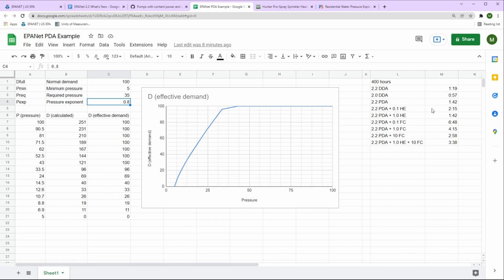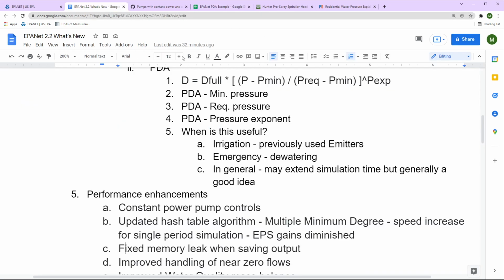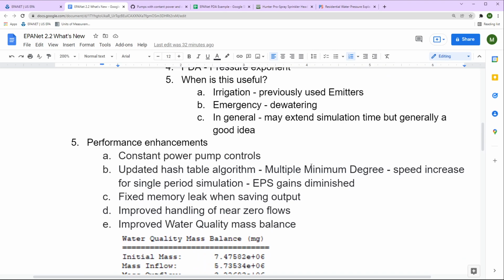So it can get up there. If you really need it to be accurate, and these convergence criteria and the pressure dependent analysis are critical to your situation, well, then that's what it's going to be. Just have to live with it and enjoy the benefits of all the hard work that they put in to add those features.